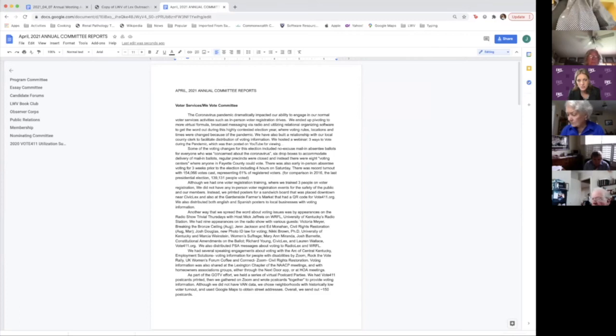So that was a big key, and trying to make sure that people had the right information, because there were a lot of organizations that had the right idea of trying to get information, but the information was outdated or incorrect. And that's because Kentucky was sort of delayed in determining what the plan was going to be for voting. So that was a big push this year.